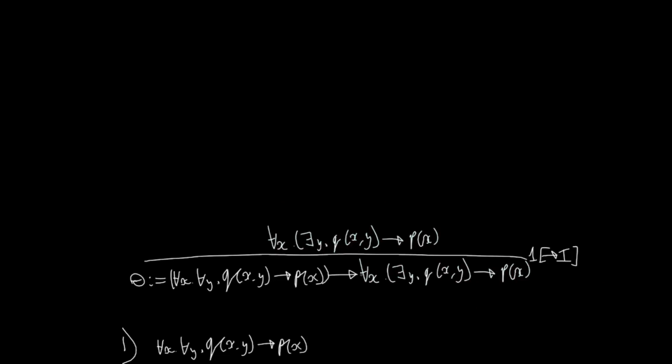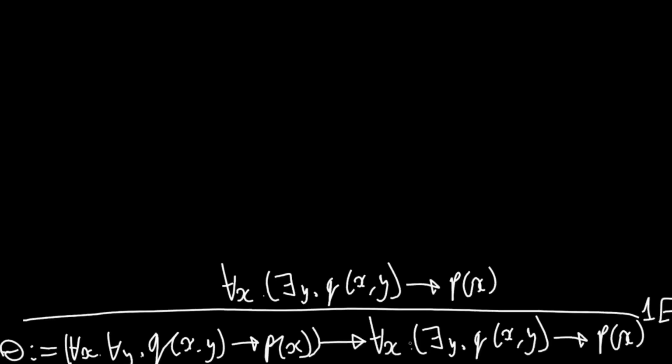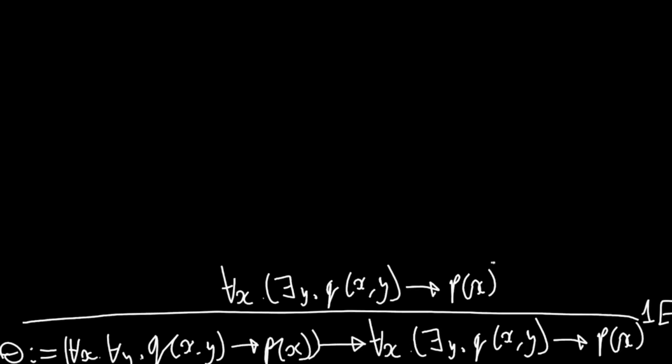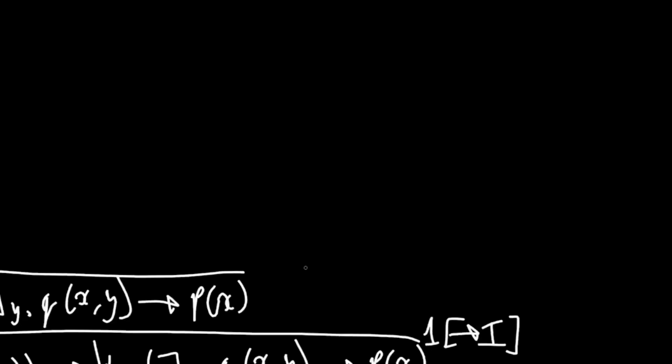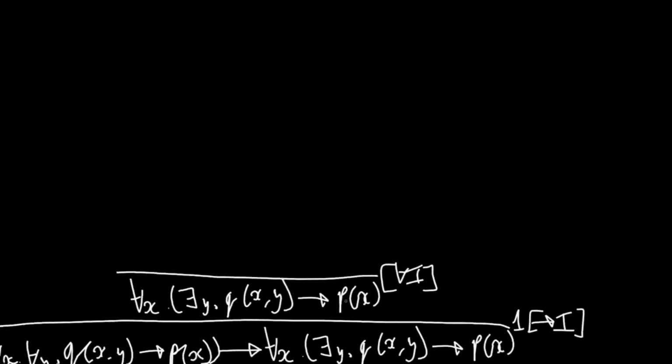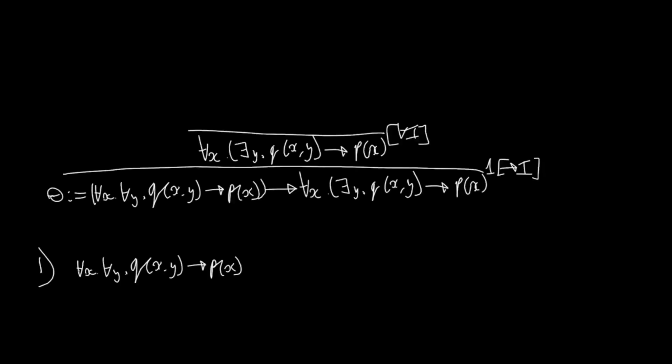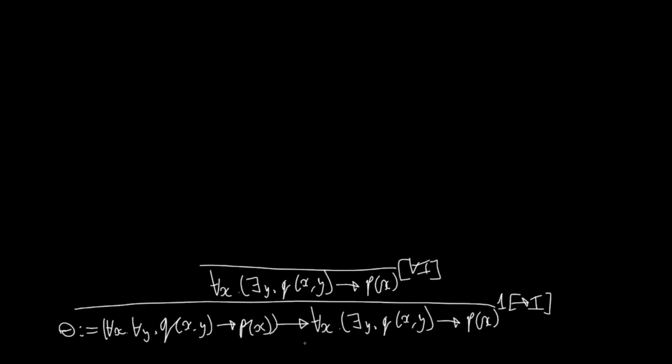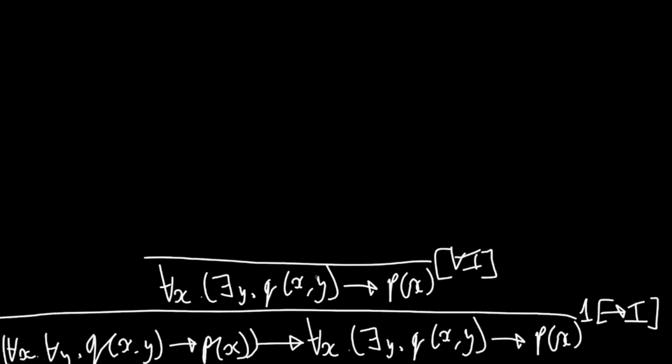So assuming that for all x, for all y, if q of xy, then p of x, we have to prove this. So we're going to do a for all introduction, and x is not free in the output or any of our undischarged hypotheses, so this is legal.